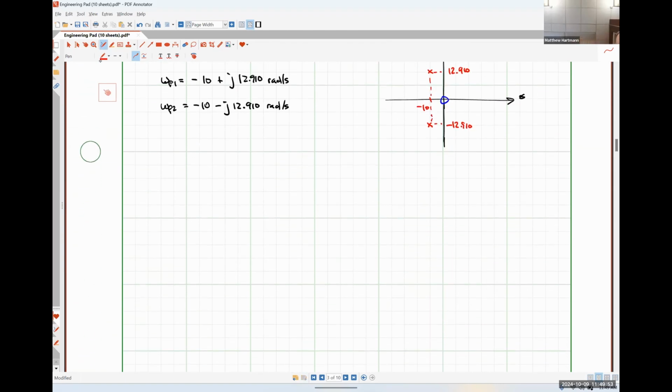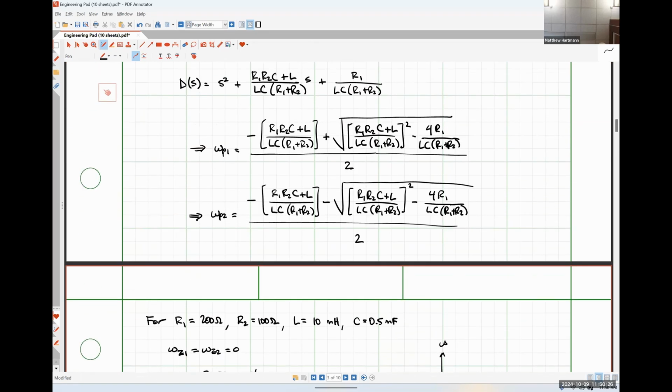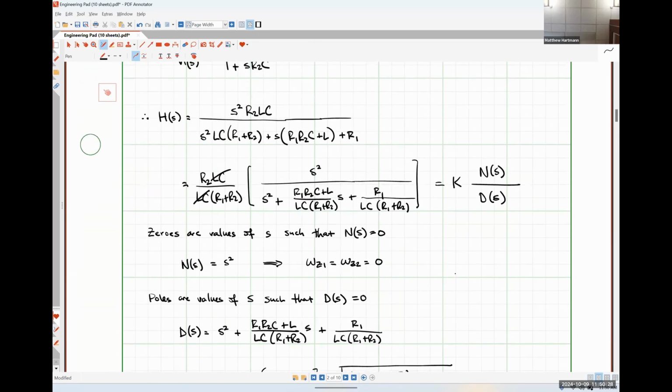So for frequency response plots, we need our transfer function to be of a form, some constant K, and I'm putting a prime designation here to let you know that this value of K might be different than this arbitrary constant K here.